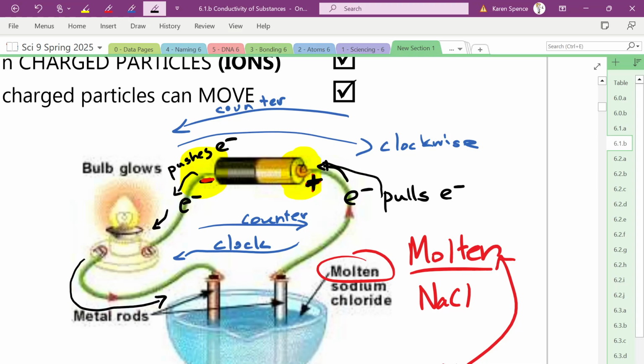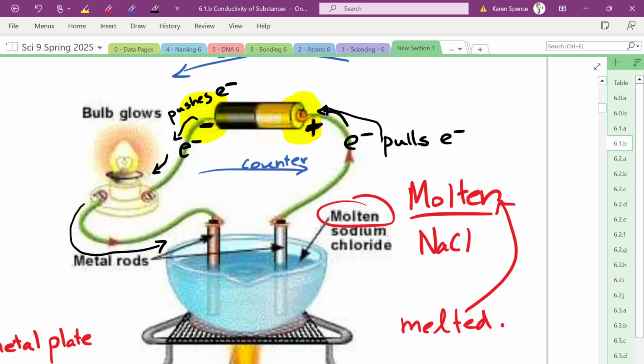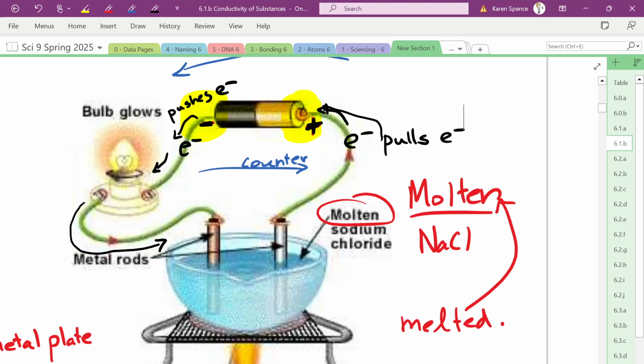And what that means is that all the electrons are going to be moving counterclockwise as they are pushed from the negative terminal and pulled towards the positive terminal. And our light bulb, because this thing contains positive ions and negative ions, the bulb will glow. There's our bulb, it's glowing.